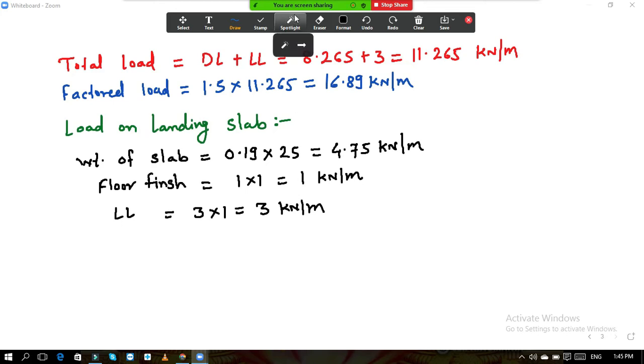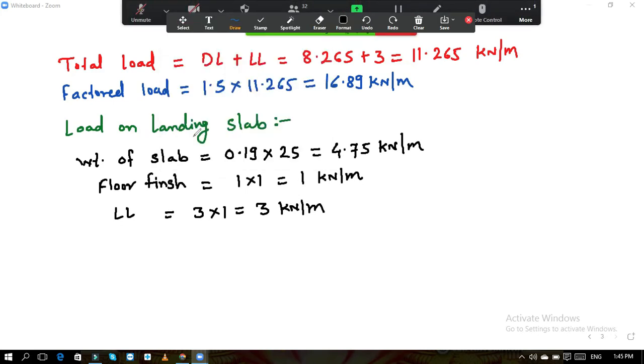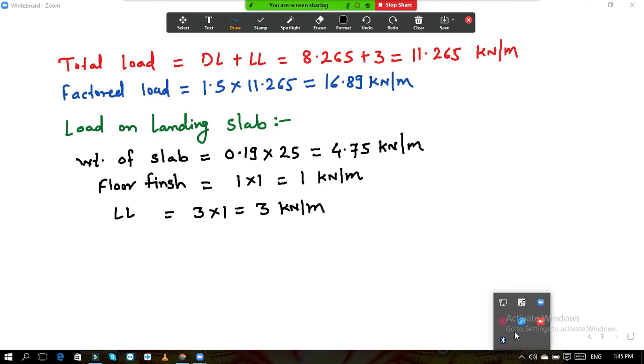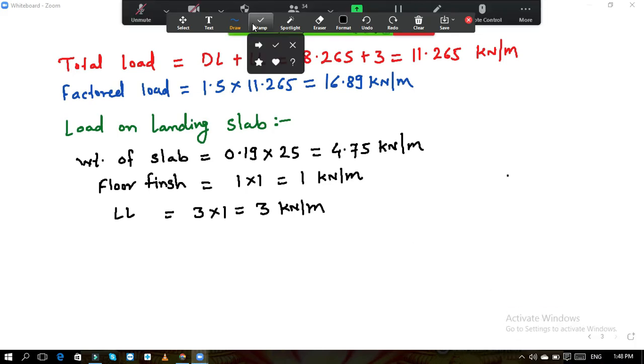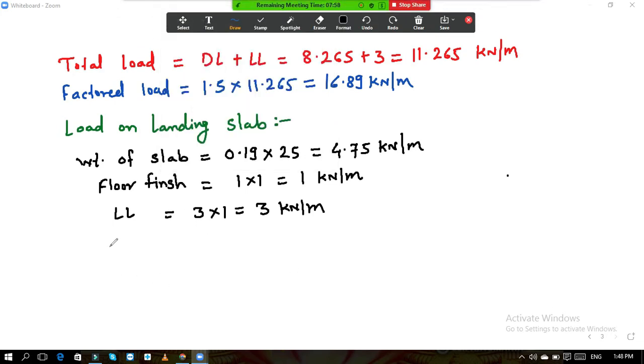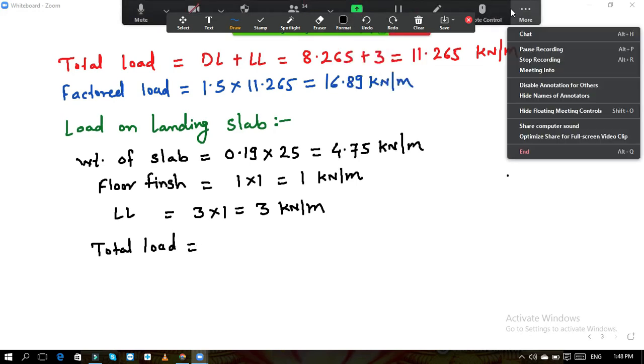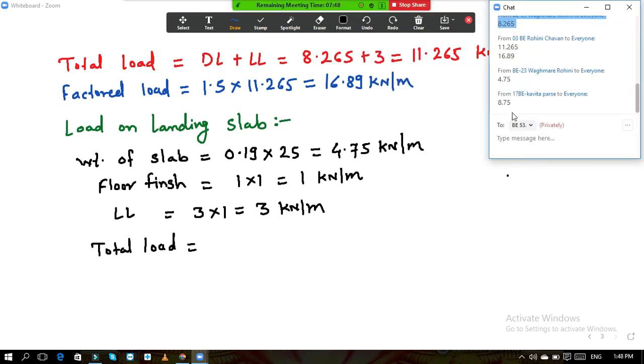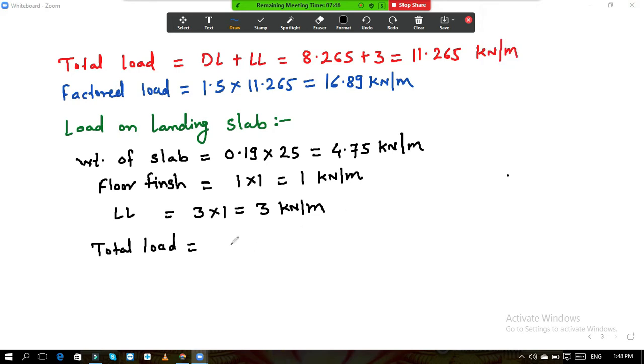So add the loads and let me know the total load. What is the total load? Total load is equal to 8.75 kilonewton per meter.